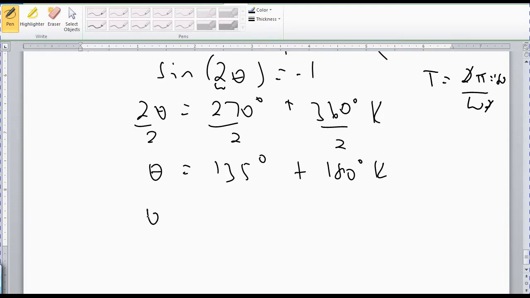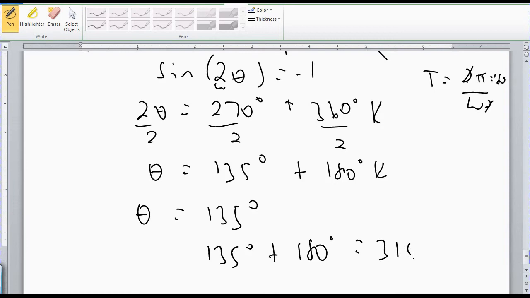So one angle is 135 degrees. And then if I take 135 and add 180 degrees, we get 315 degrees. If I add 180 more, that's way too big. It's outside of 2 pi.